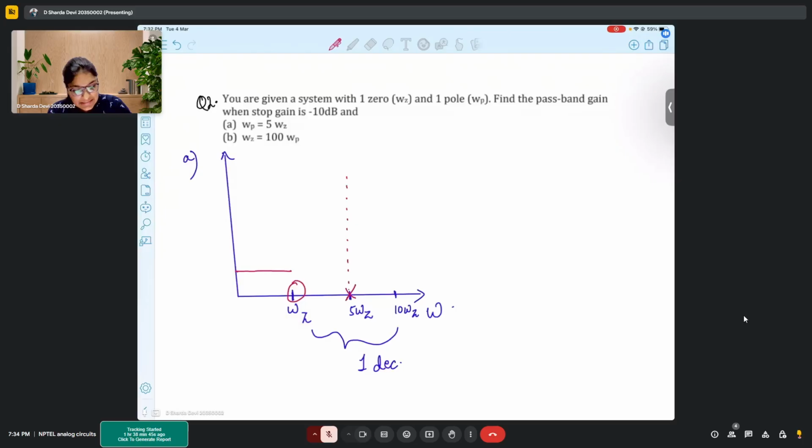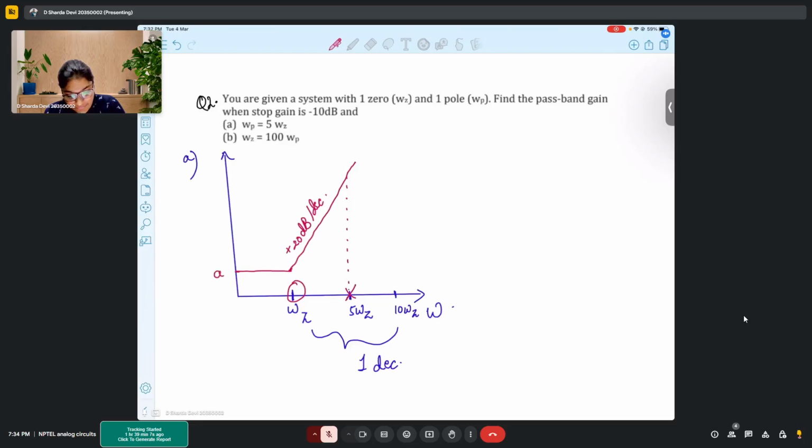Since it is a single zero, what should be the slope of my curve? It should increase by plus 20 dBs per decade, correct? This is correct.